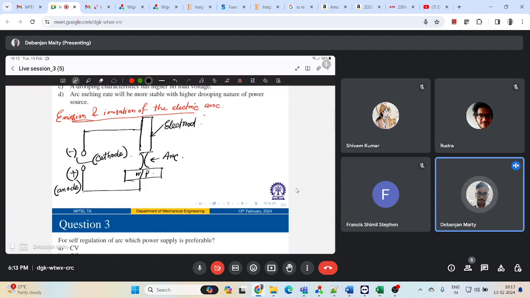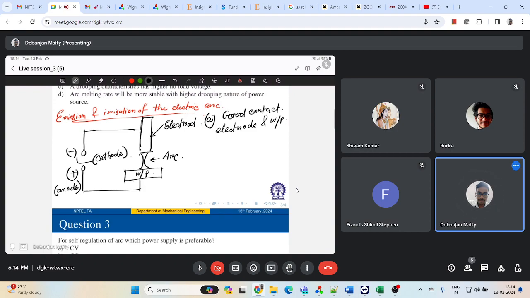Initially, a good contact is made between this electrode and work. So the first step is that a good contact needs to be made between the electrode and the workpiece. That is the first and foremost requirement to generate any kind of arc, right?